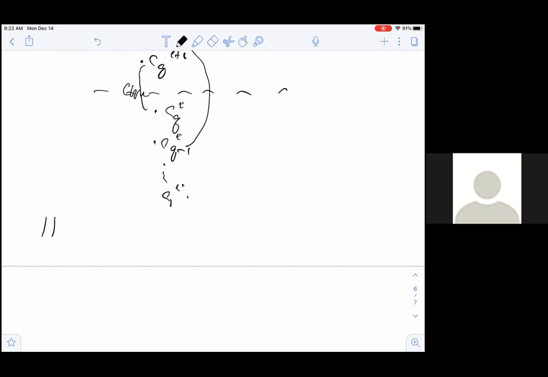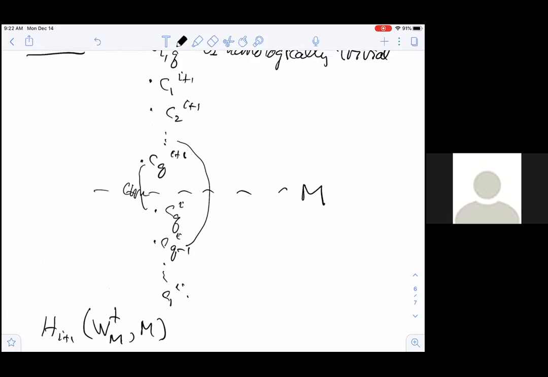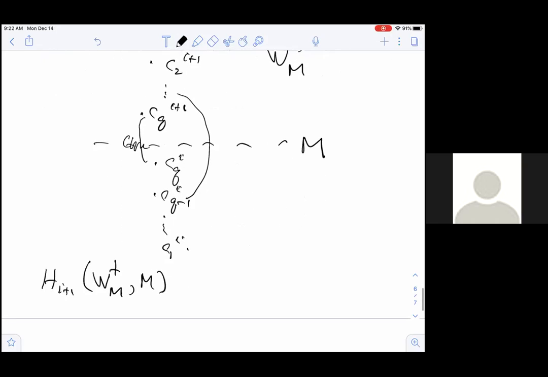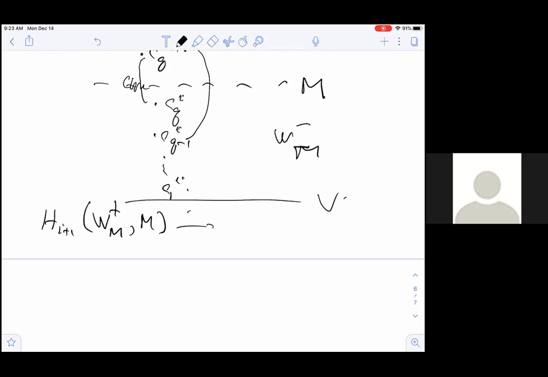But so we have what I'll call H, the homology of W_M plus, M. This is going to be an intermediate level M, and this is W plus, part of W above M. This will be W minus, its top is M, its bottom is V. Okay, so we can go by the boundary map to H_i of M, and then we can include into H_i of W minus M, and then we can go to H_i of W minus M mod V.